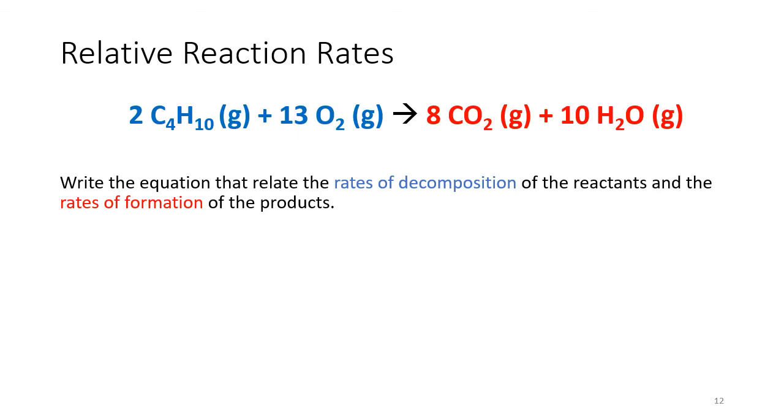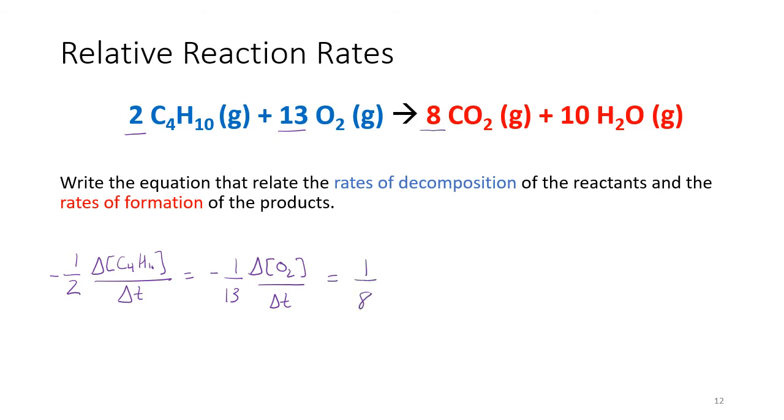So we would say 1/2 for the 2 out in front of the butane times the change in concentration of the butane, C4H10, per change in time, and we would put a negative sign out front because that's a reactant, it's going away, is equal to negative 1/13. 13 is the coefficient out in front of O2, times the change in concentration of the oxygen per change in time, equals 1/8, 8 is the coefficient out in front of carbon dioxide, times the change in CO2 per change in time.